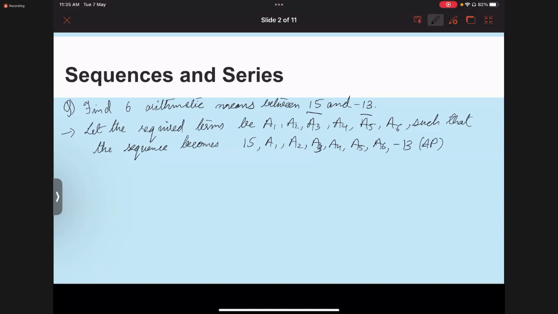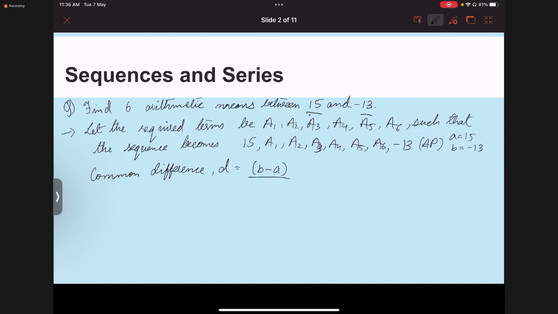Now we know that the common difference d, if we have only the first and the last term, can be found as B minus A divided by n plus 1. So suppose your A is equal to 15 and B is equal to minus 13.